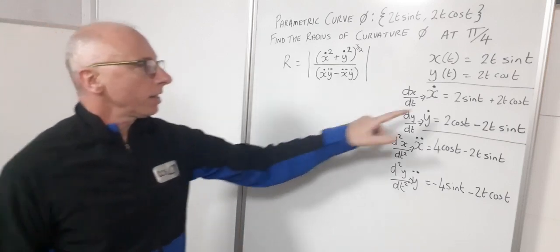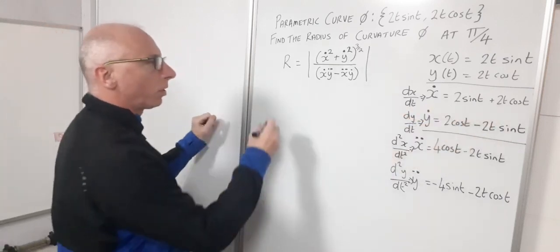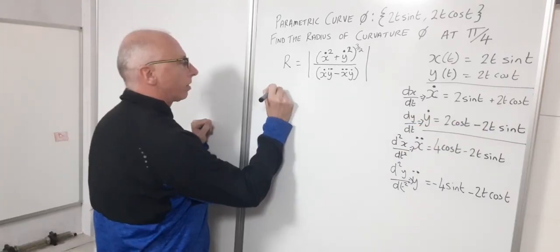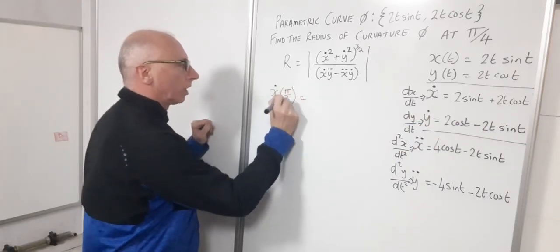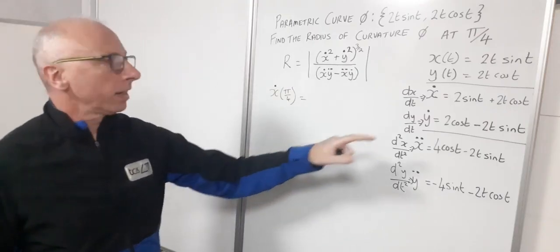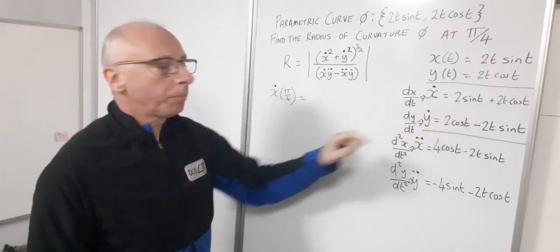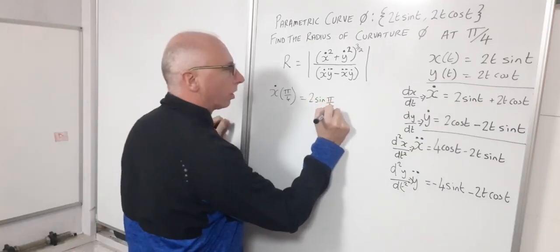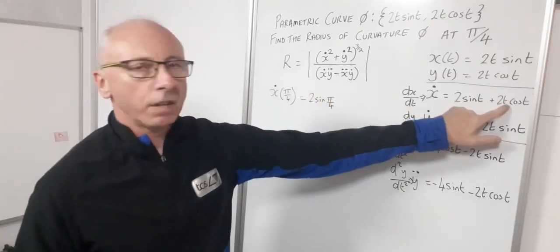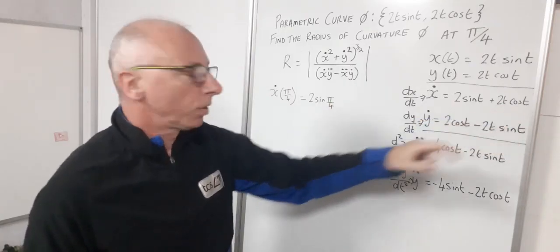Okay, right, let's evaluate this one first at pi over 4. So x dot at pi over 4. So we've got 2 times sine of pi over 4 plus 2 pi over 4 cosine pi over 4.